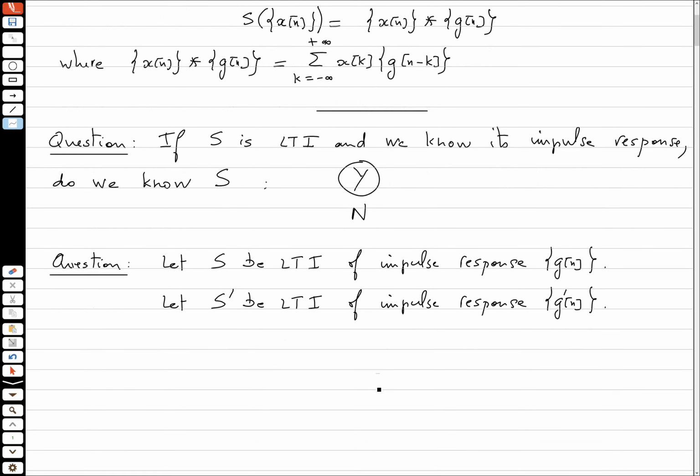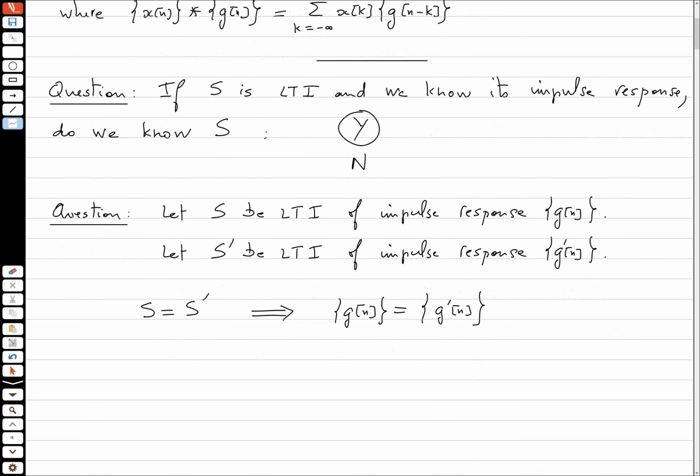So clearly, if S and S prime are equal, obviously, they will give the same impulse response. But now my question is, is the converse true?